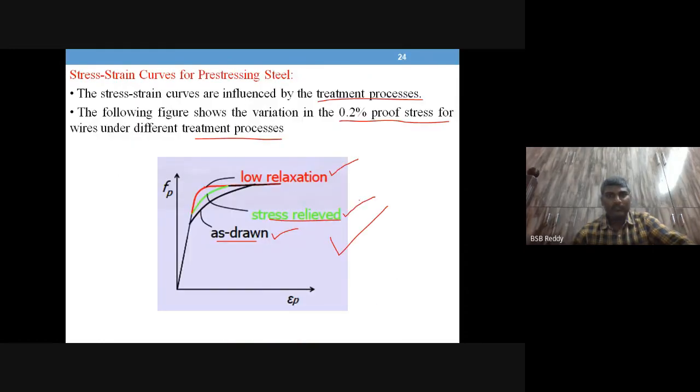And also treatment process is going to affect the proof stress, and the highest proof stress can be obtained with the low relaxation treatment process, whereas as drawn wires will have lowest proof stress values.